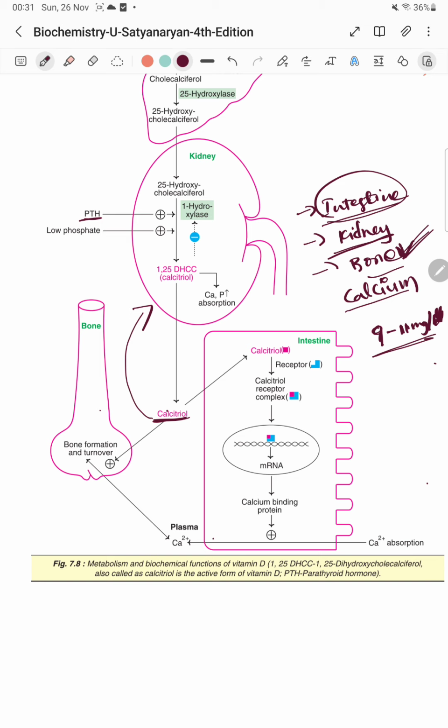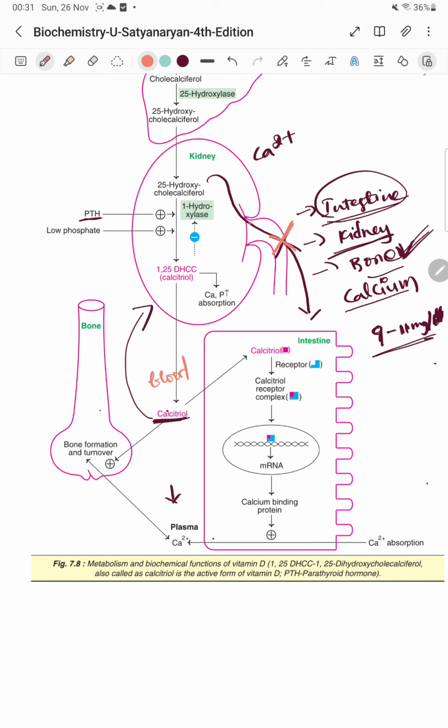Excess of calcium sometimes will be excreted by the kidney. Whatever is not required by our body will be excreted by the kidney. Whenever you have low levels of calcium, this calcitriol acts on the kidney and stops excretion of calcium and reabsorbs the excreted calcium into the blood.